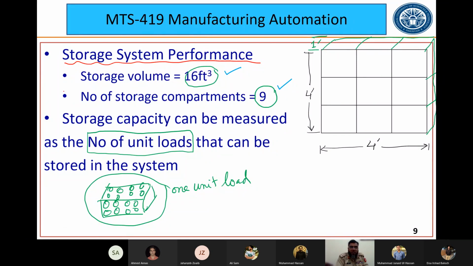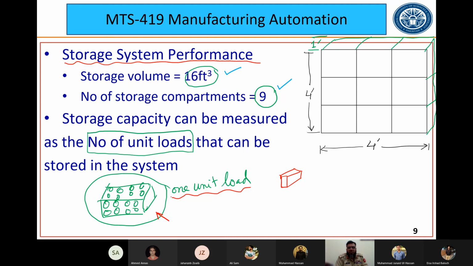I think as you people are listening to me, just one more thing which I want to add here. A unit load can be something which will consist of only one item, or maybe I can put a number of items. If you look at this, I can put a number of items and make one packet. So in this one packet, it seems that there are 8 and 8, 16 items.